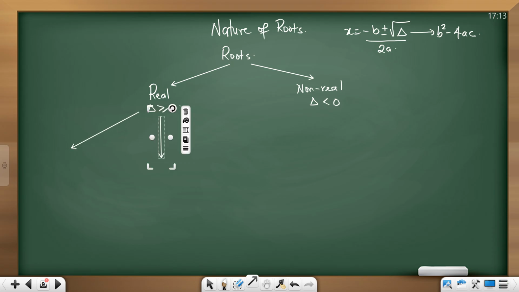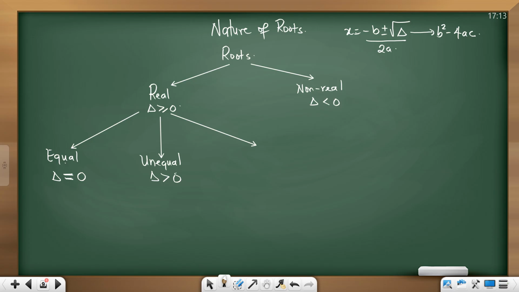Now, this one can be divided into 3. It's either real and equal. For it to be equal, the discriminant is equal to 0. Same language. Equal roots, I change that to an equal sign. Unequal, my discriminant must be greater than 0.